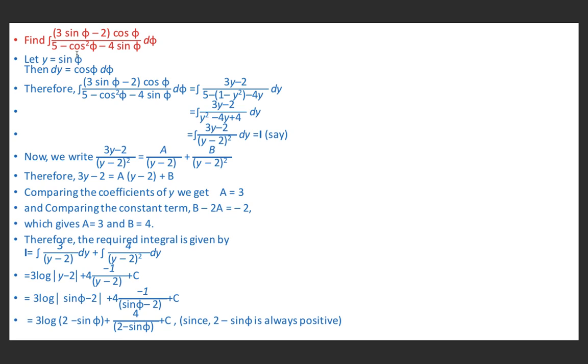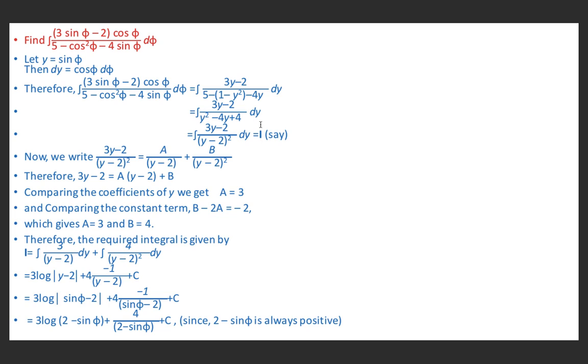Here, 5 minus cos square phi can be written as 1 minus sine square phi, because sine square phi plus cos square phi is 1. So cos square phi is 1 minus sine square phi, so it is 1 minus y square, and minus 4y. If you simplify it, 3y minus 2 upon y square minus 4y plus 4 dy.